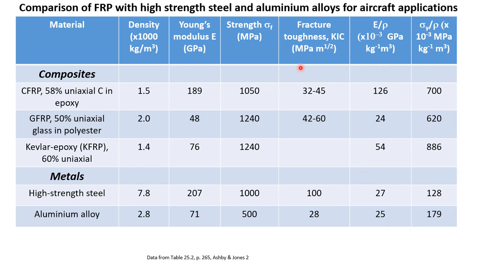So this presentation of these data basically tells us that composites are better compared to metals for their stiffness and strength when they are compared in terms of per unit density. So they give us light structures that are stiff and strong. This is the reason why composites are favored compared to the metals.